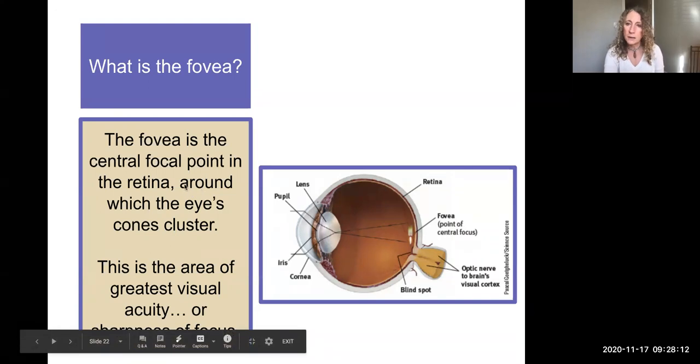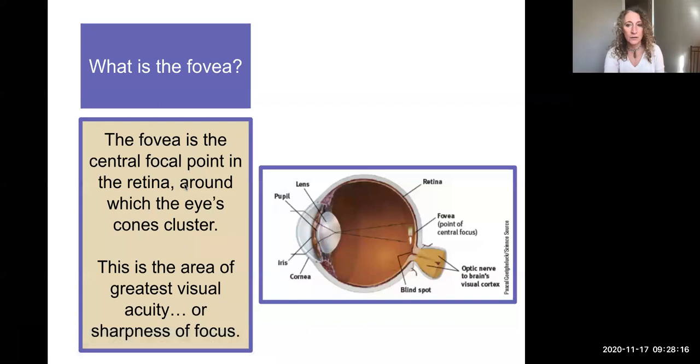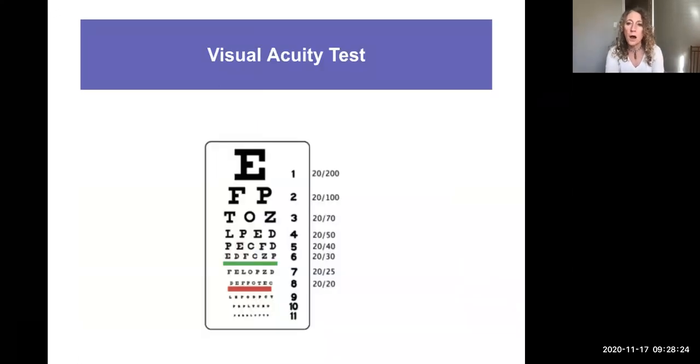The fovea, as I mentioned, is clustered with cones. It's got lots of cones. And this is the part that gives you visual acuity. So when you go to the eye doctor, all right, and they have you look at different letters and you have to stand at a certain distance and you see how many lines of the letters, sequence of letters that you can read.